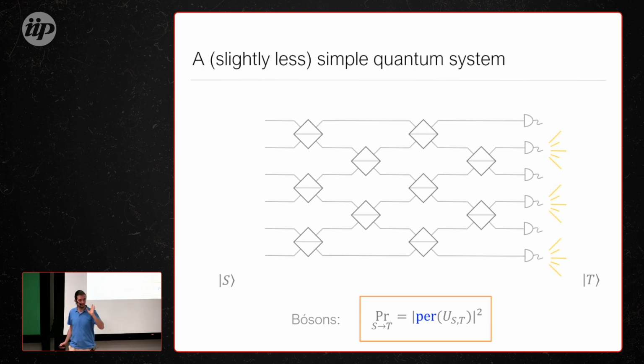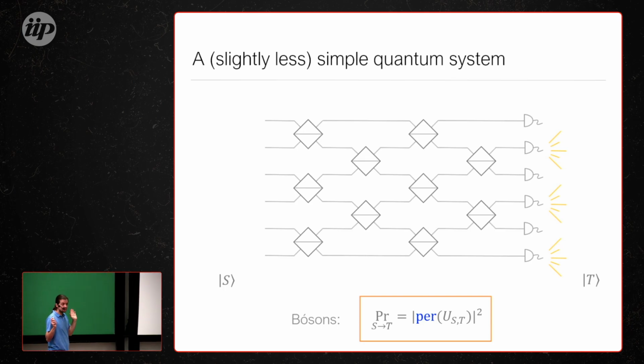How you build that matrix doesn't matter too much right now. You can ask me if you want. But the point is that these transition probabilities in bosonic linear optical systems, which is just what linear optics means, are given by permanents of some matrices.